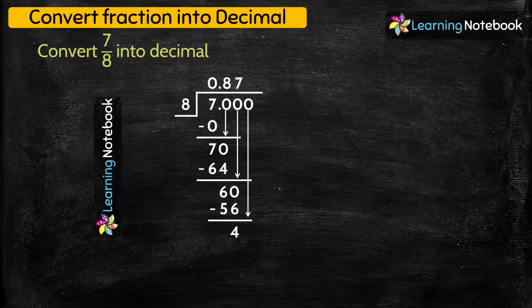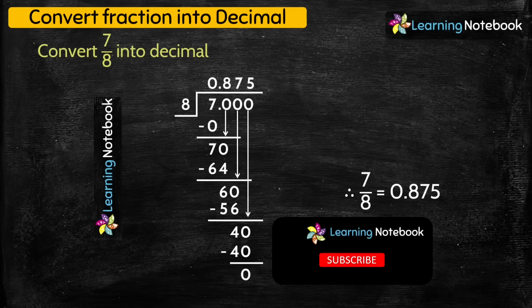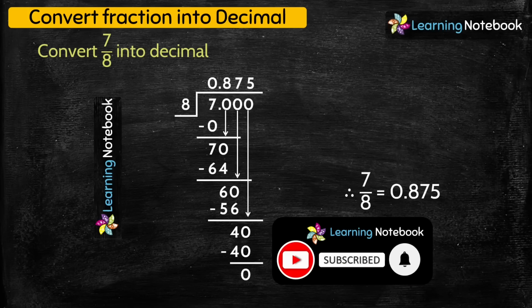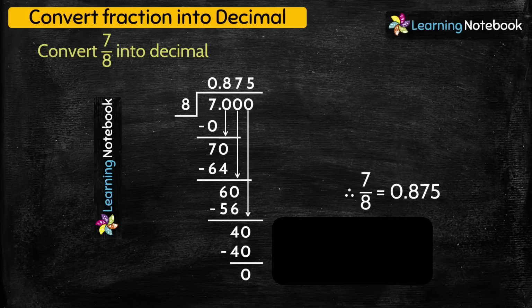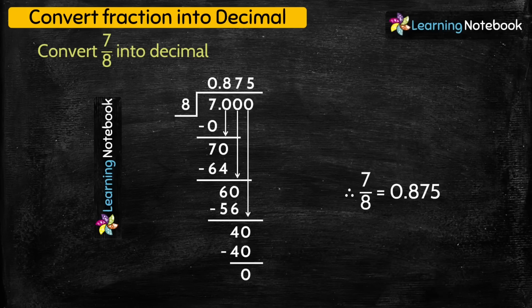Now copy last 0 and divide 40 by 8. 8 into 5 equals 40 and 40 minus 40 equals 0. So our division is complete now and answer is 0.875. So we have converted fraction 7 by 8 into decimal number 0.875.